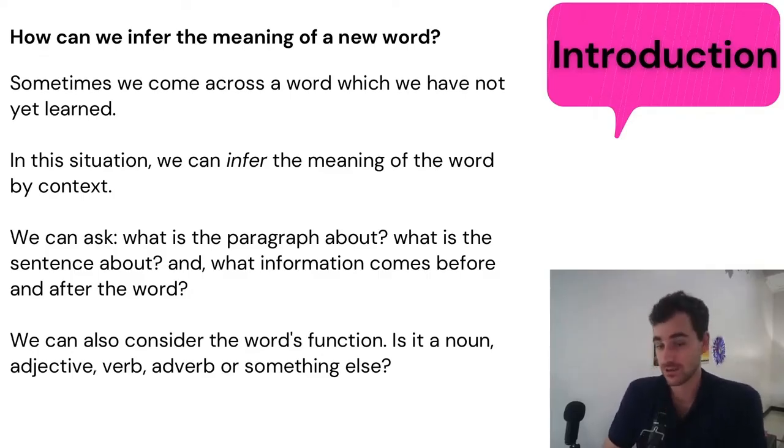We can also consider the word's function. Is it a noun, adjective, verb, adverb, or something else? If it's an adverb, for example, then we know that it's answering the question, how? An adverb describes an action, usually. So the part of speech is also important when we're trying to infer the meaning.